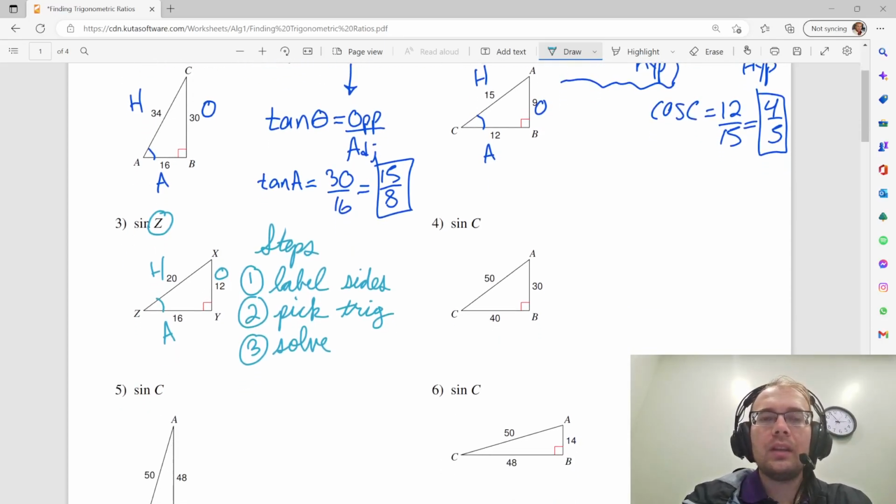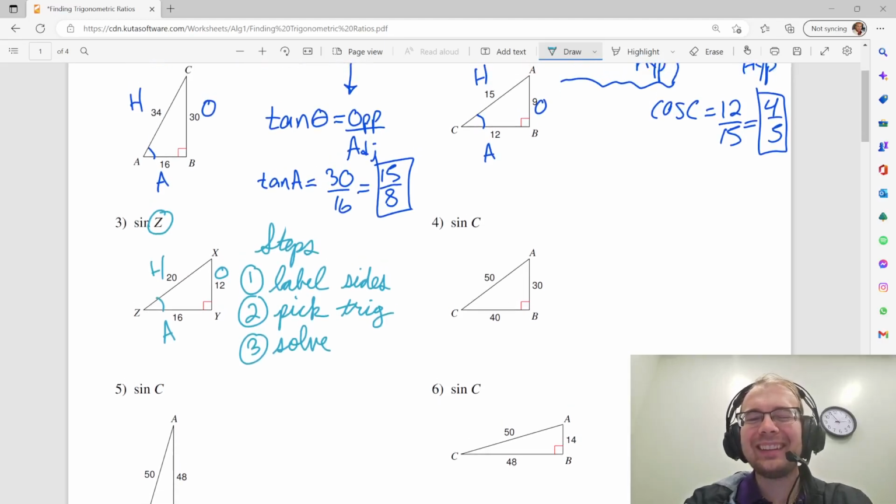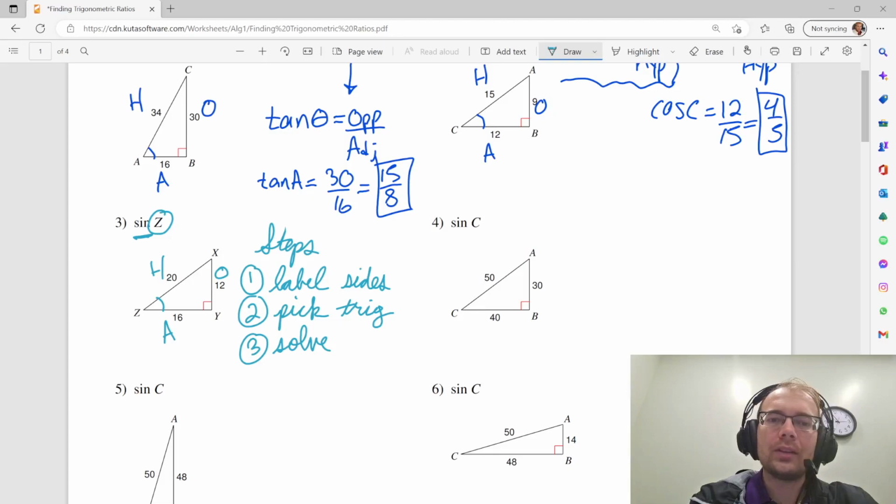So we already kind of have that done for us. I have these steps set up to help you solve for anything related to right triangles and right triangle trigonometry. That's why for number 4, I'm going to hone in on some specific steps. But pick the trig. Well, the trig is kind of already picked for us. It's sine. And then we solve. So we solve the equation.